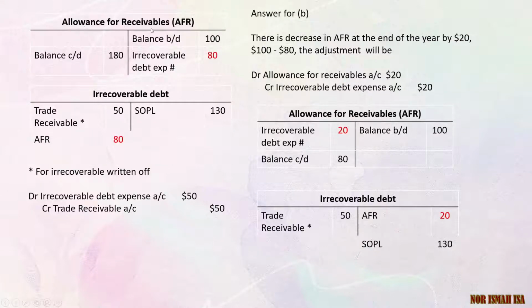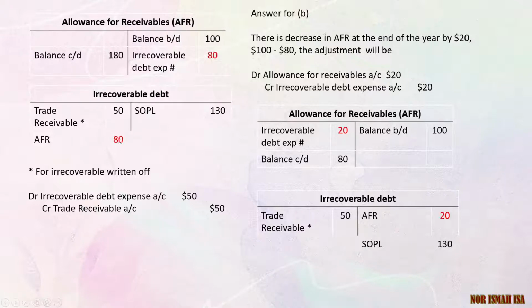So this is what I have told you, the account. The balance carried down is more, 180, and previously 100. The difference is 80 because this part is not balanced with 180. So 180 here we credit the allowance for receivable.